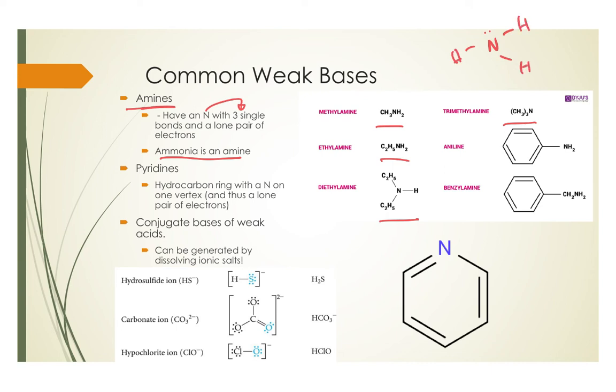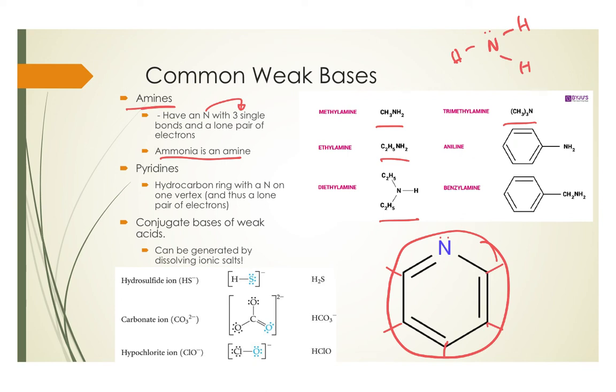We also have pyridines. Pyridines are a hydrocarbon ring, a benzene ring, that has a nitrogen on one vertex, and therefore it has lone electrons there. And that's another common weak base. It could have other functional groups that hang off the sides here, but the situation here is such that we have this, and this is called a pyridine.